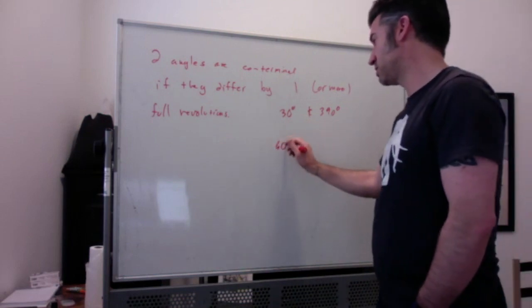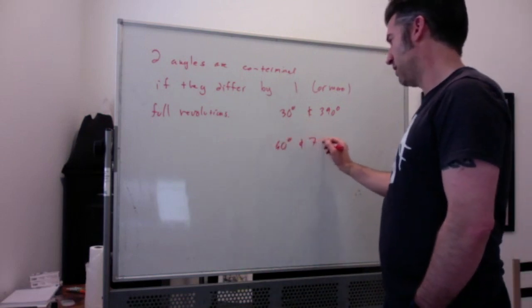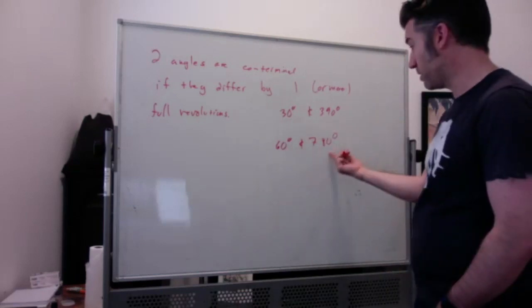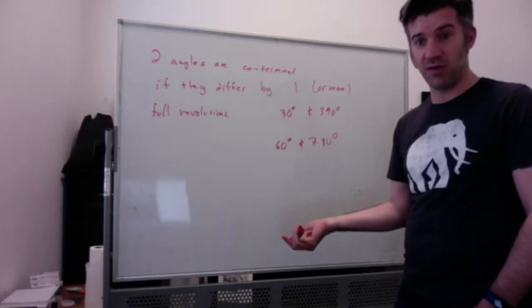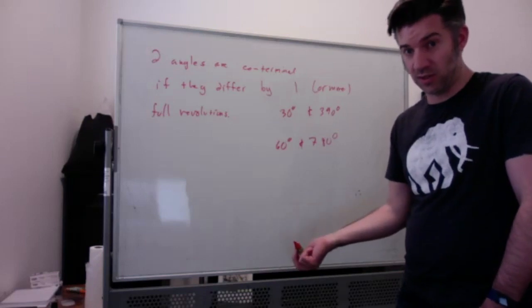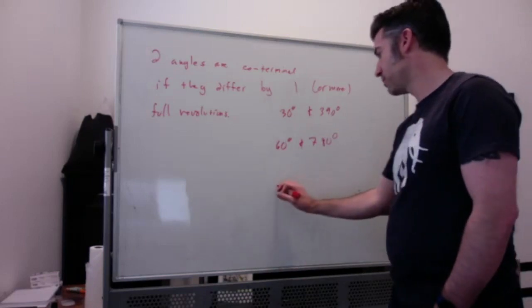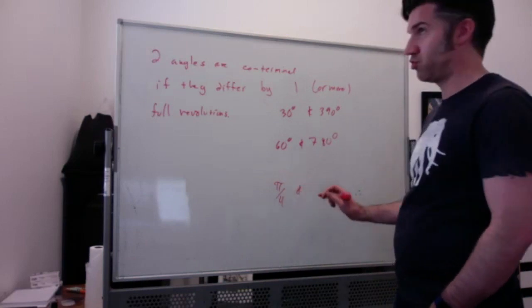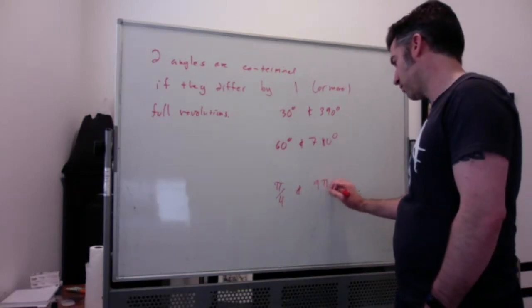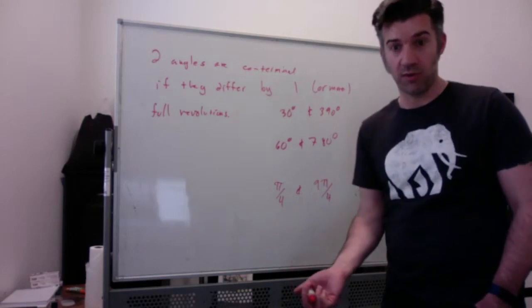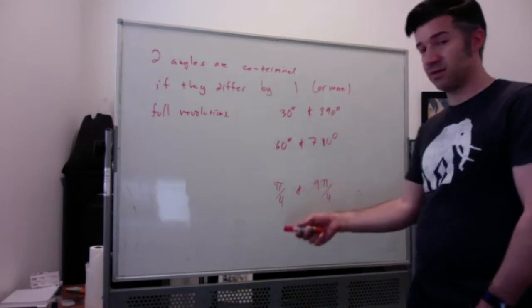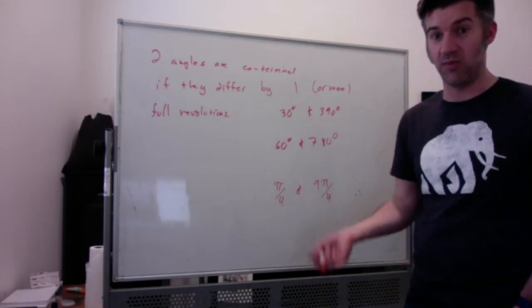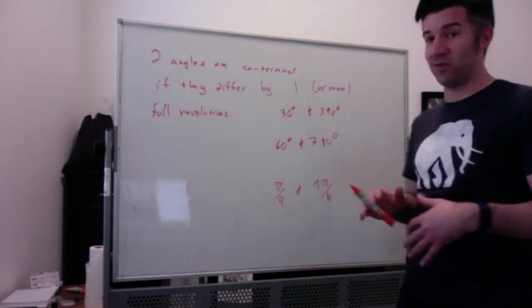Or 60 degrees and 780 degrees are also coterminal because their difference is 720 degrees, which is exactly 2 full revolutions. Or pi over 4 and 9 pi over 4 are coterminal because their difference is 8 pi over 4, which is 2 pi, which is 1 full revolution in radians. So that's what it means for two angles to be coterminal.